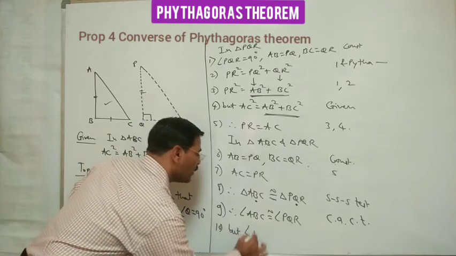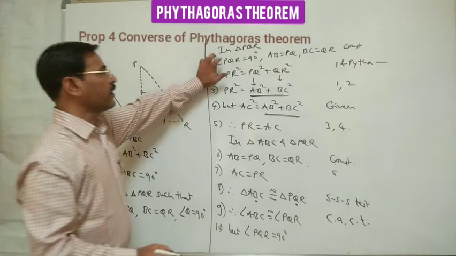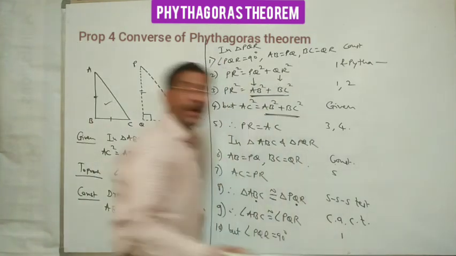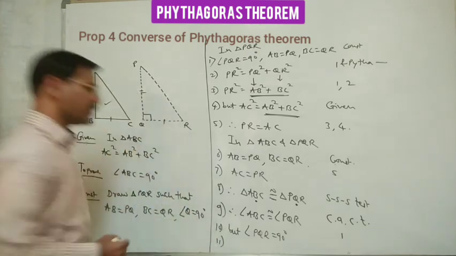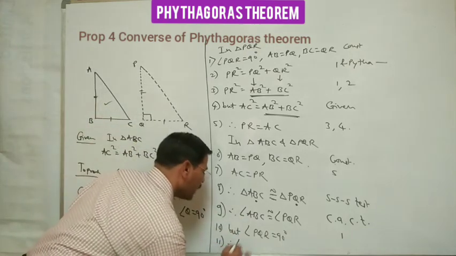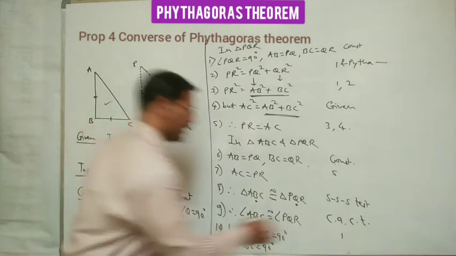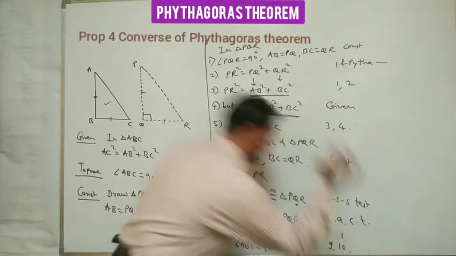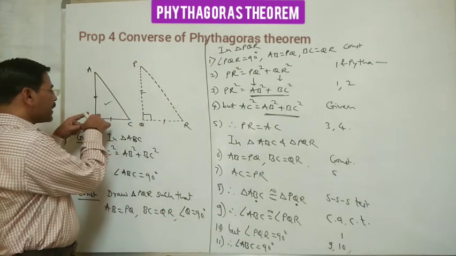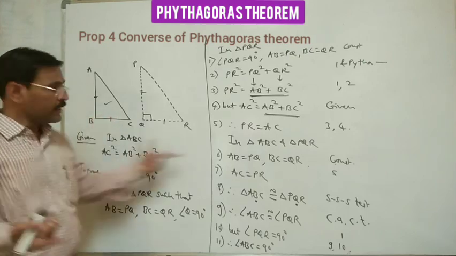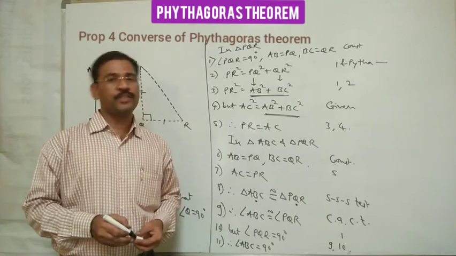But we know angle PQR is equal to 90 from 1, or you may write construction. Therefore, the last step becomes angle ABC equal to 90. This is from the 9th and 10th steps. Understand, friends? Like this, the angle becomes 90. This is the way to prove the Converse of Pythagoras theorem.